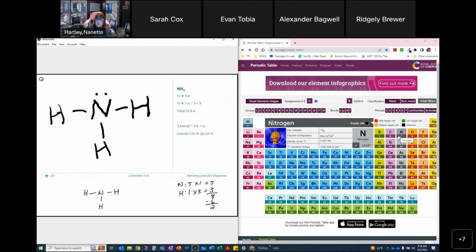But remember, hydrogen doesn't need an octet. It needs a stable duet. So each of these hydrogens is happy because there are 2 electrons here. So those 2 electrons that are left come to the nitrogen, and they go right there. Now that's how I get that structure that I'm looking at there. Questions about that?